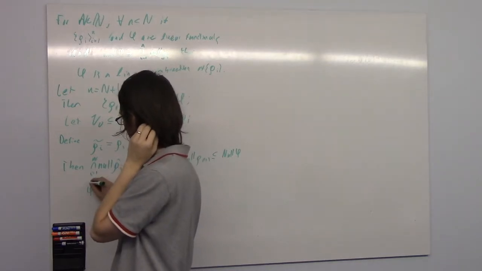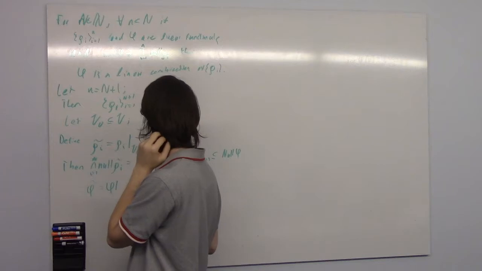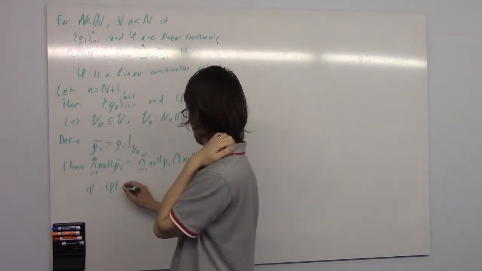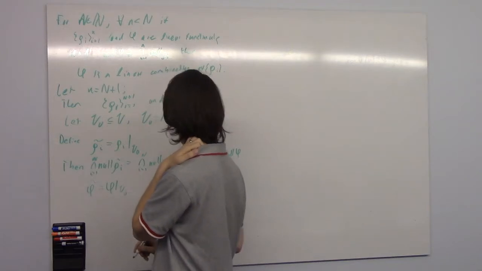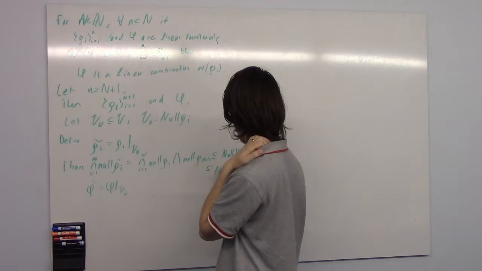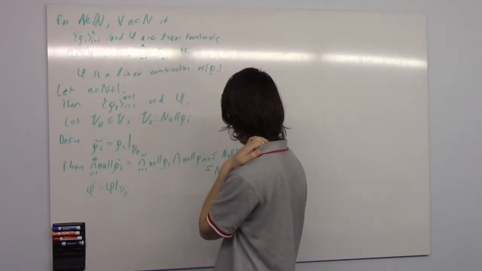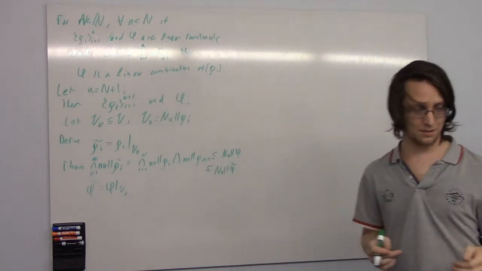Let phi twiddle equal phi restricted to V_0. So this is also contained in the null space of phi twiddle. So we're just looking at this subspace.